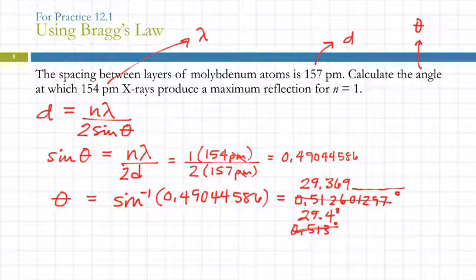This is why it's really important to be using the calculator that you're going to use on the final exam during the semester. You can't use a programmable calculator on the final exam. That's not my rule. That's the American Chemical Society's rule. They make the test. They make the rules.